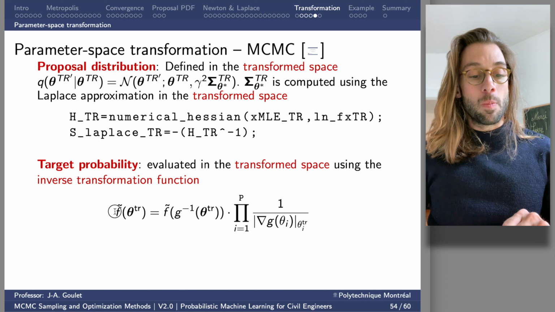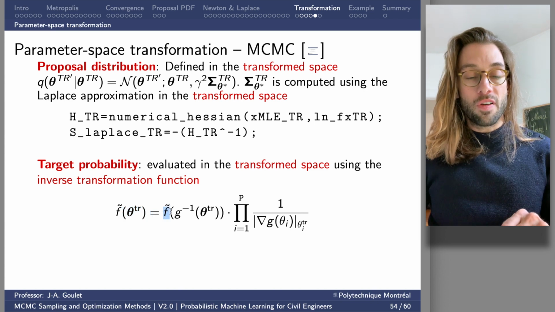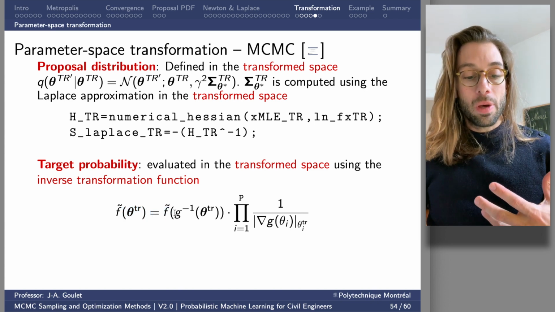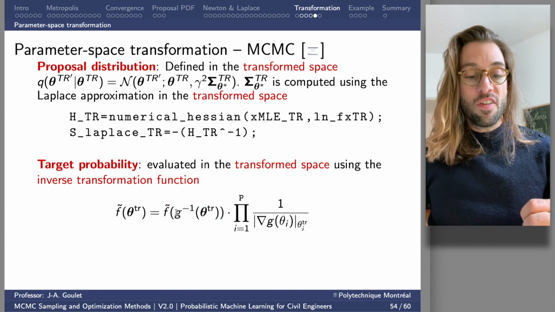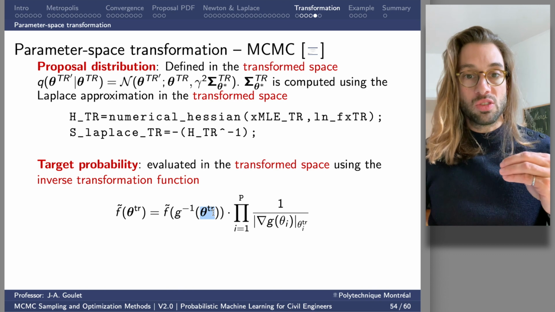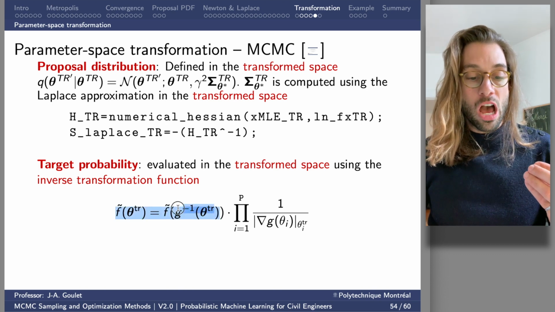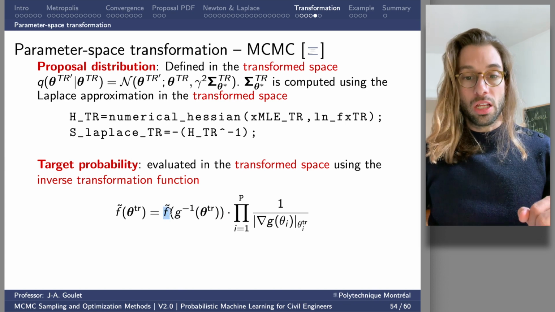So in that case, my target function in the transformed space is going to be equal to my target function in the initial space, but this time evaluated for the theta value corresponding in the original space. Meaning, if I evaluate the inverse transformation function of my parameter value in transform space, this is equivalent to my parameter value in the original space that I can evaluate in my target function.